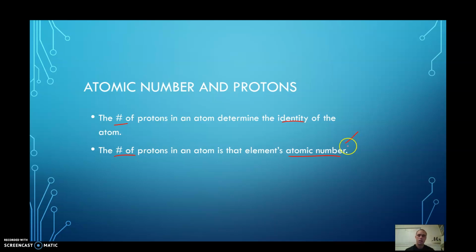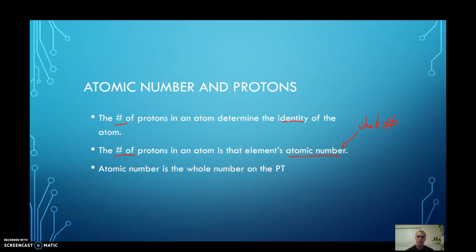The atomic number is the whole number that's listed in the box on your periodic table. It's the whole number.